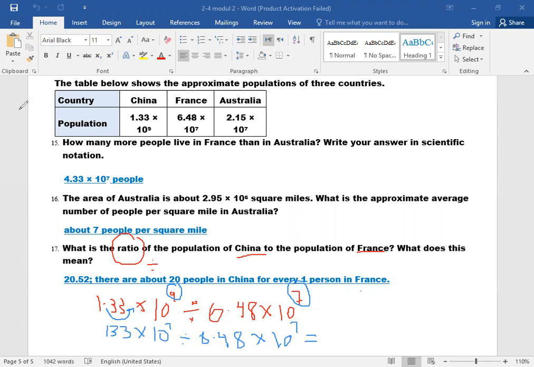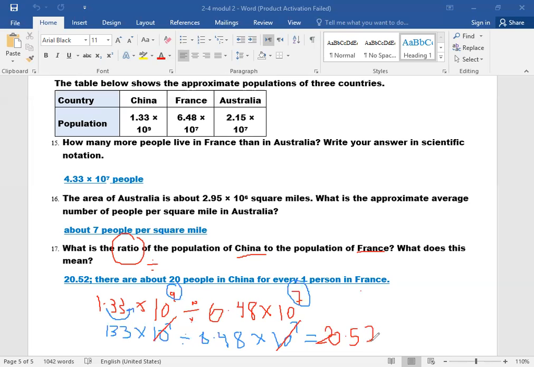It's easy now to cancel 10 to the power of 7 with 10 to the power of 7. And we are going to divide, please do it with me, 133 divided by 6.48. The answer will be 20.52.